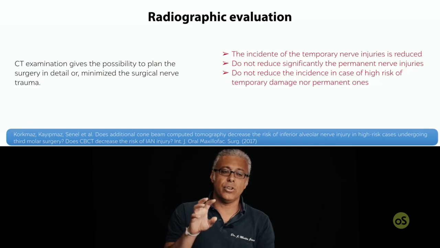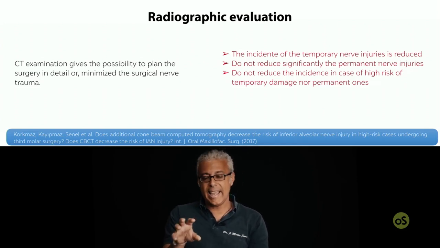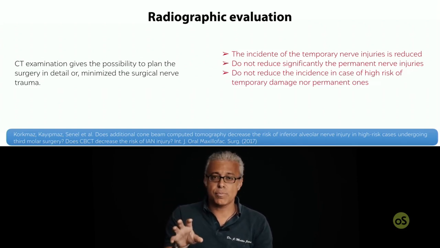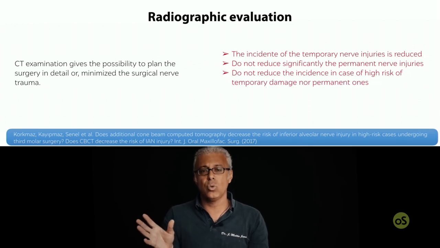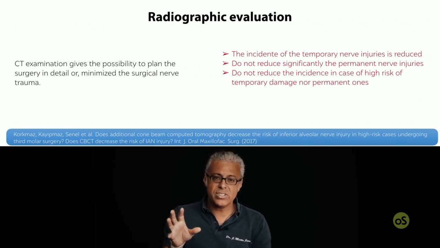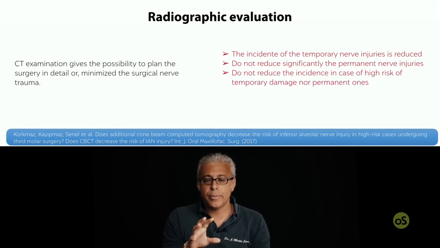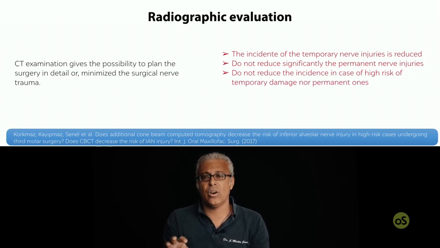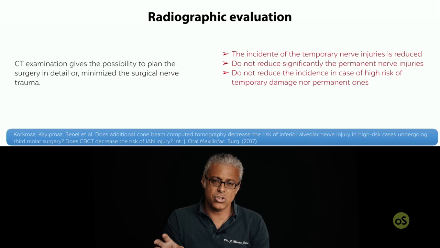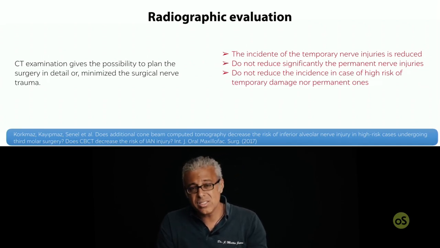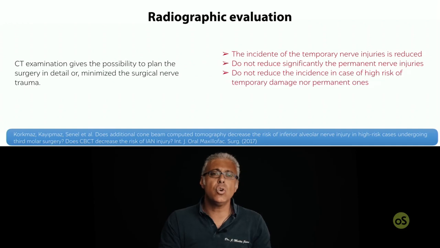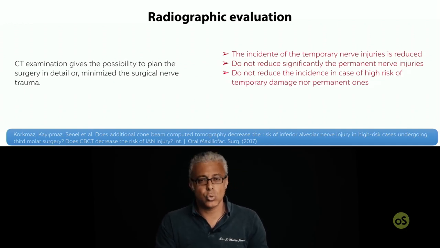So if the nerve is placed in a dangerous place, then we can absolutely reduce the risk of having this kind of post-op consequence, but we can't avoid them completely. So this is important to explain during the informed consent to our patient.